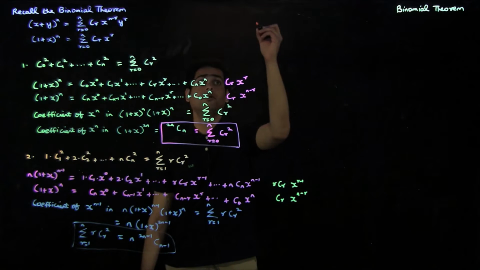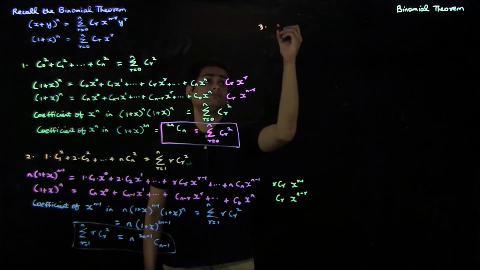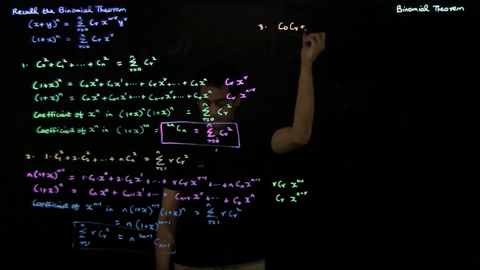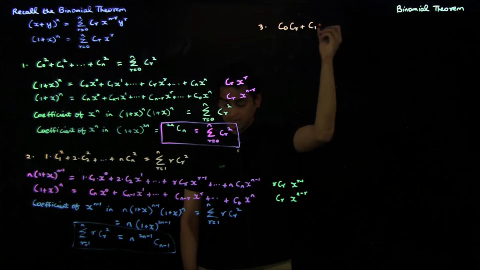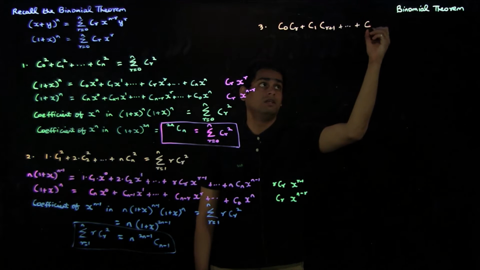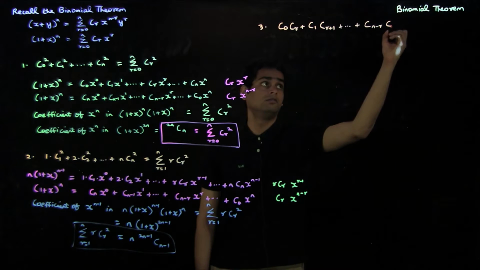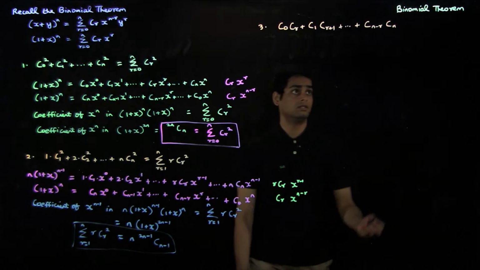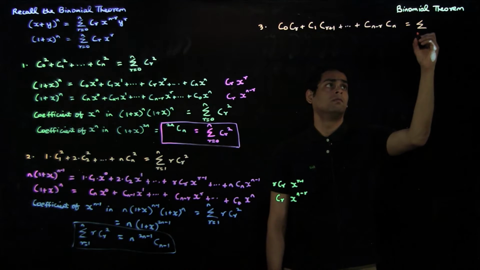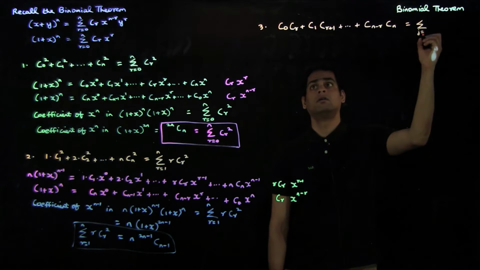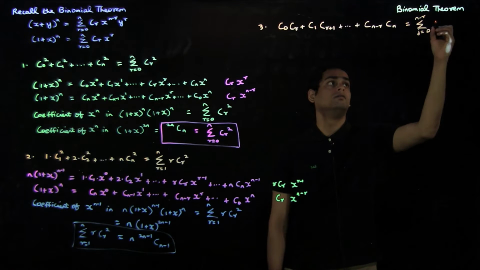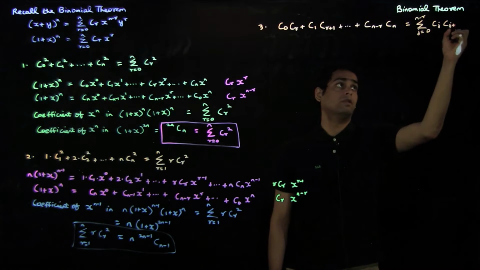In this problem you're asked to evaluate C naught CR plus C1 CR plus 1 and so on till Cn minus R Cn, and this is nothing but summation j equals 0 to n minus r of Cj times Cj plus r.